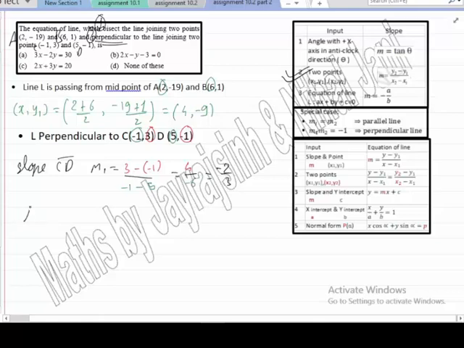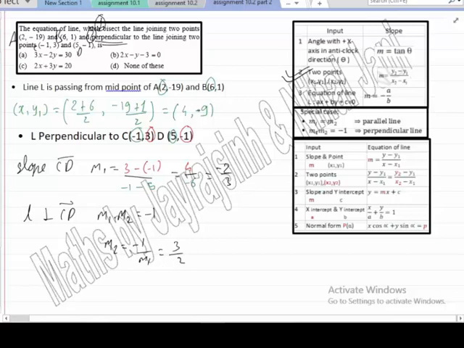Now we know that L is perpendicular to CD, so M1 into M2, which is the slope of L, must be -1, or we can say M2 must be -1 upon M1. So M2 must be 3 by 2, right?